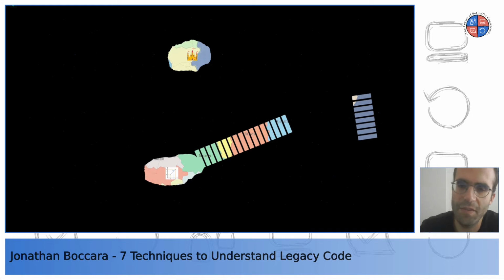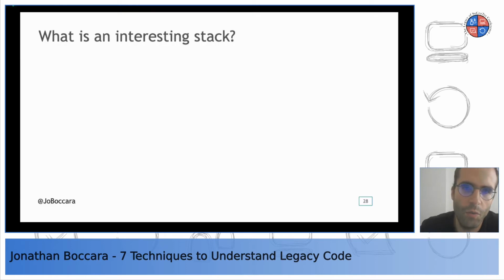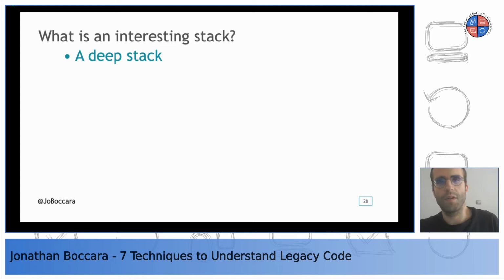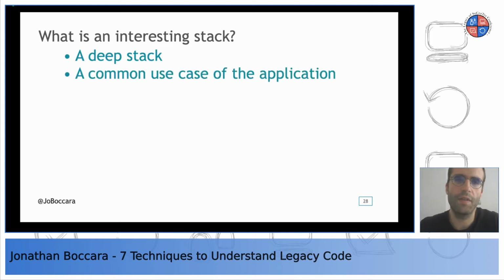So if we go back to the code, what's an interesting call stack? Well, there are, I think, two things that make a call stack interesting. The first one, obviously, is a deep stack, because the deeper, the more information it has. But there's also something else. I think what makes a stack very rich in terms of information is if it's in a common use case for your piece of software, right?